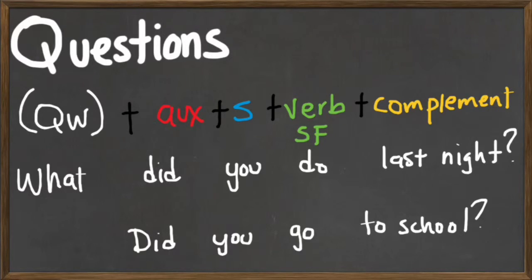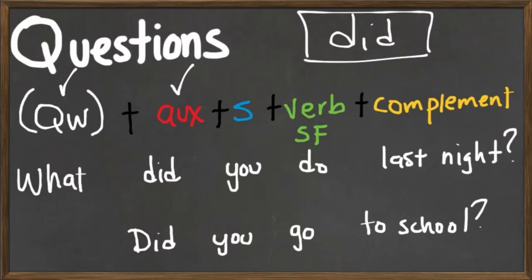Questions also follow a very strict formula, and that formula is as follows. We will use the question word if it's necessary, the auxiliary did for all the persons, for I, he, she, we, you, and they.